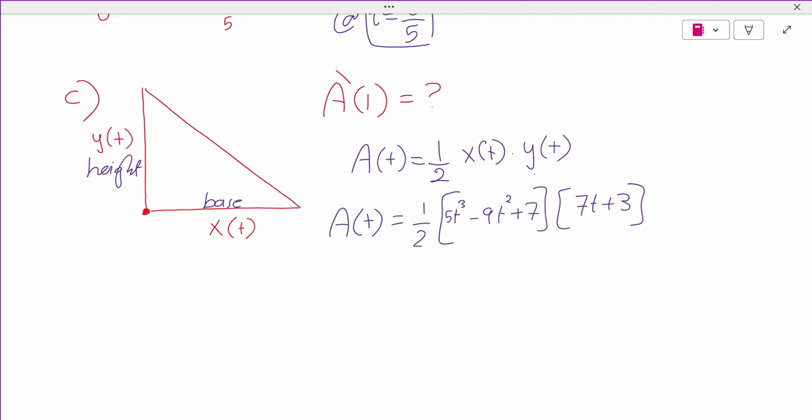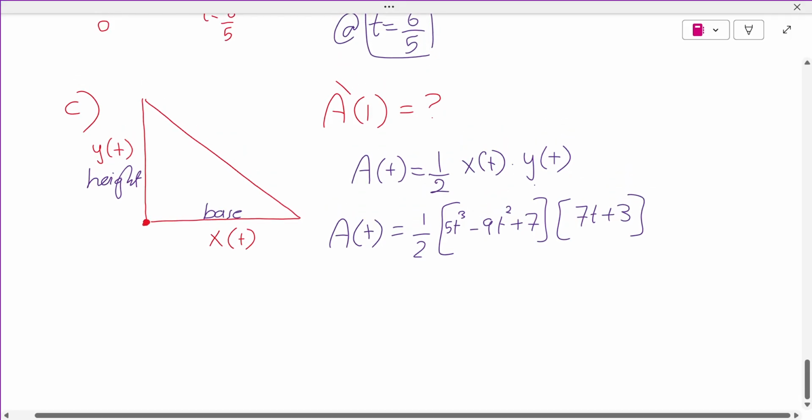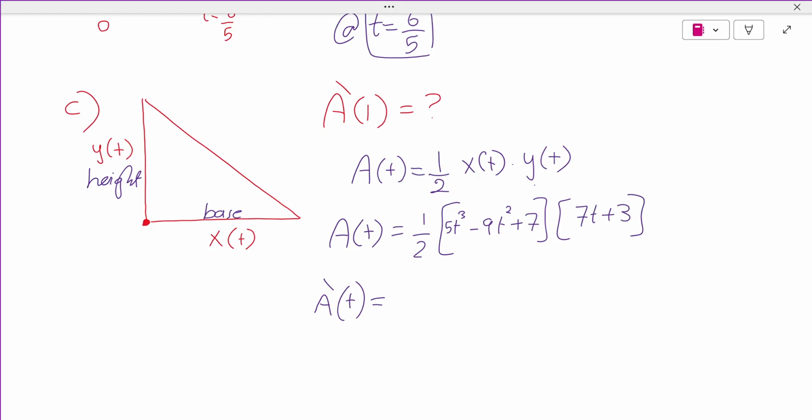To find A prime of t, you must differentiate using the product rule. Keep the half in front. Now differentiate the first.